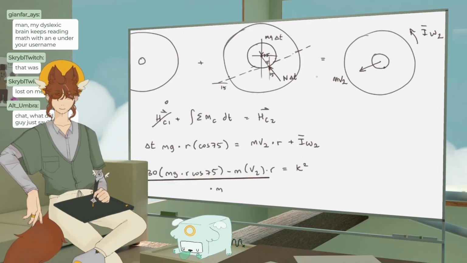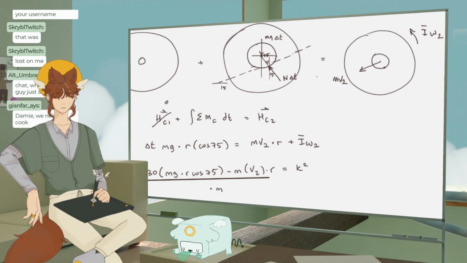I can't say omega equals R. I can't say omega equals V over R. Man, this is depressing. I have to do something else. It's not the same. I don't know how to do the omega. How do I get the omega? Let me think.